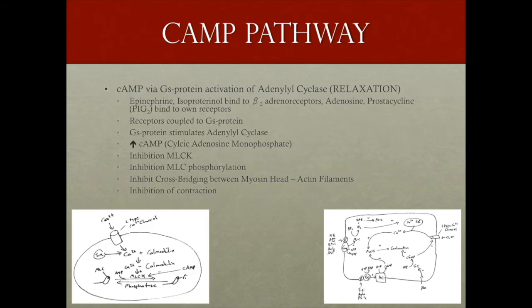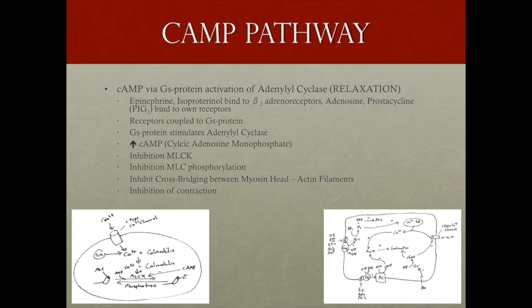The cyclic AMP pathway brings about relaxation. Here, epinephrine or isoproterenol bind to beta-2 adrenoreceptors, and adenosine or prostacyclin, PGI2, bind to their own respective receptors. Each of these receptors is coupled to a Gs stimulatory protein, and this Gs protein stimulates adenylyl cyclase.